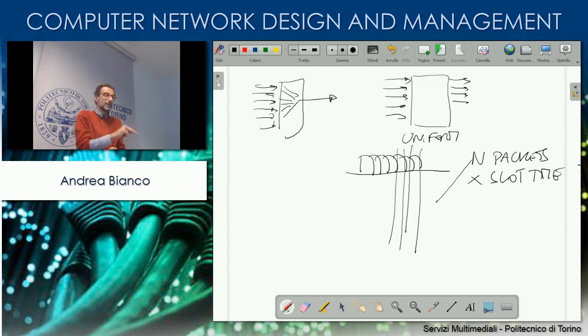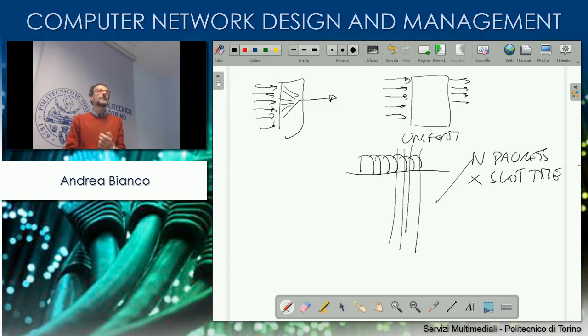So if this device is able to sustain the traffic that we have described, it must be able to process n packets, where n is the number of inputs and outputs, at transmission time speed. So in one packet transmission time, we must be able to process n packets, which means receive them, read the header, move to the output port, and queue there.